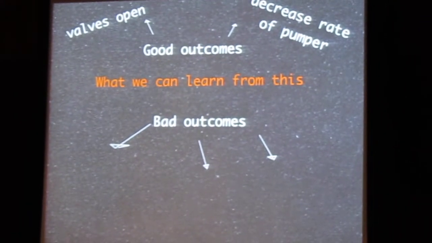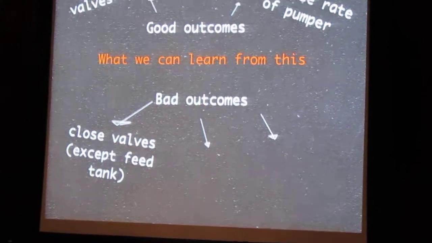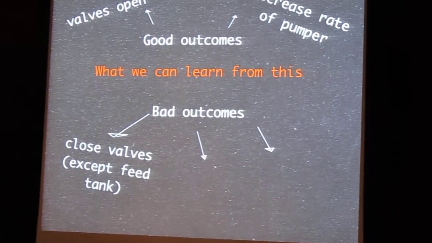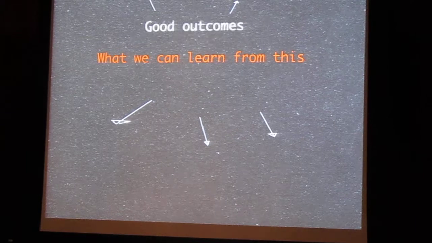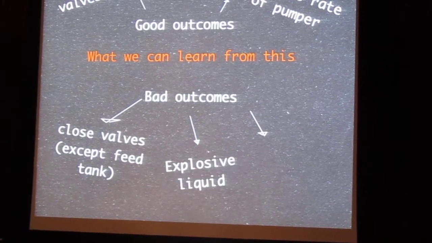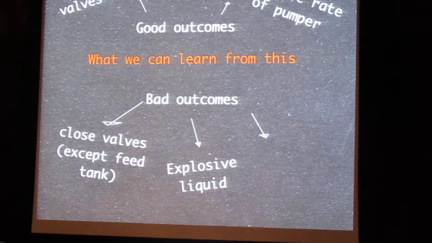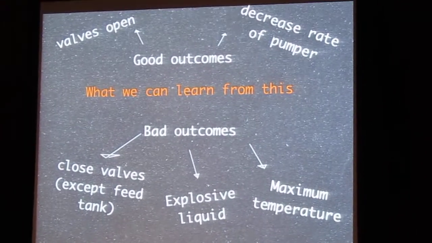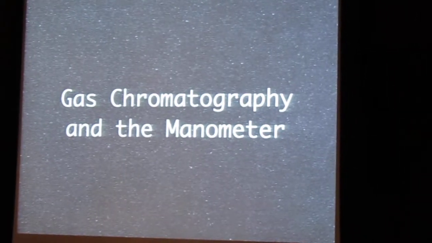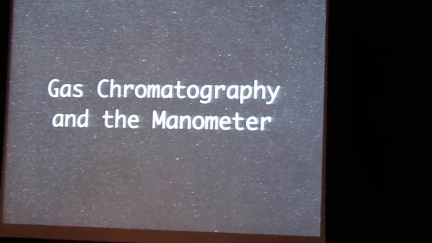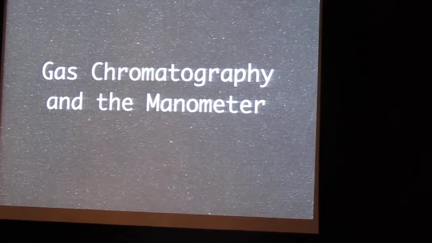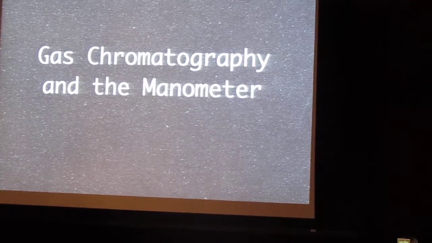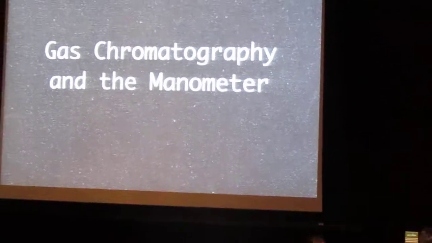And in order to make it explode, we have to close all the valves except for the feed tank, so that liquid will be collected in one place, and you explode an explosive liquid, and turn the temperature of the liquid to maximum. So now that you know how to explode the column, maybe one day you can just pop in and say, oh hi, I want to explode.